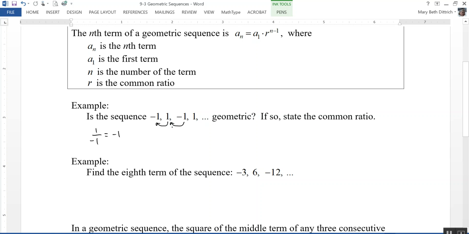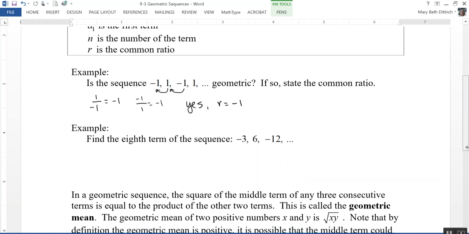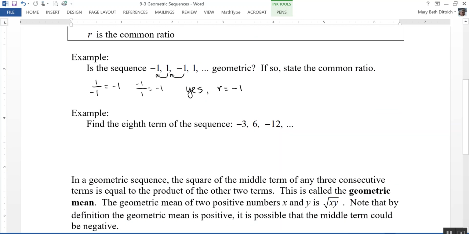The third term divided by the second term is equal to negative 1, and I can see that that's going to continue. So yes, this is geometric because there is a constant number that is constantly being divided each time, and my common ratio is going to be negative 1, because when I take the second term and divide it by the first, and the third term and divide it by the second, and so on, I get the common ratio of negative 1.